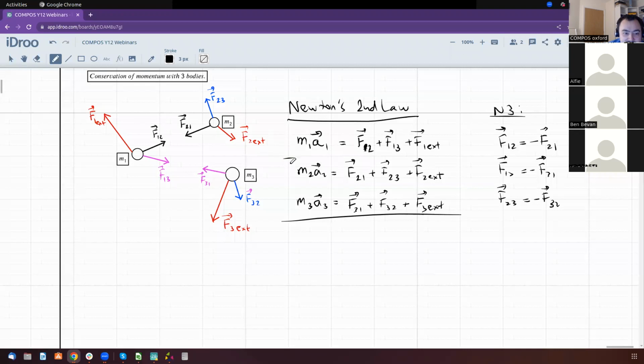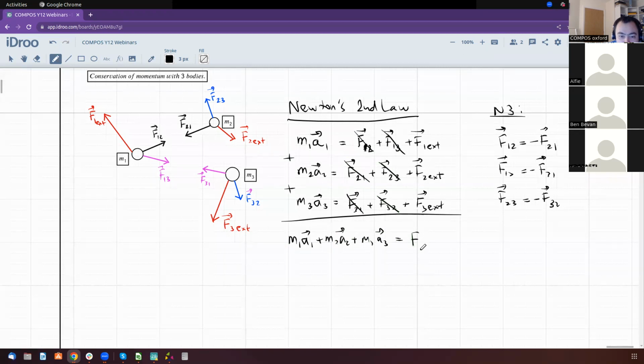So now we add these three equations together, and we have M1A1 plus M2A2 plus M3A3 equal. Now you see F12 and F21 cancel. F13 and F31 cancel. And F23 and F32 cancel.